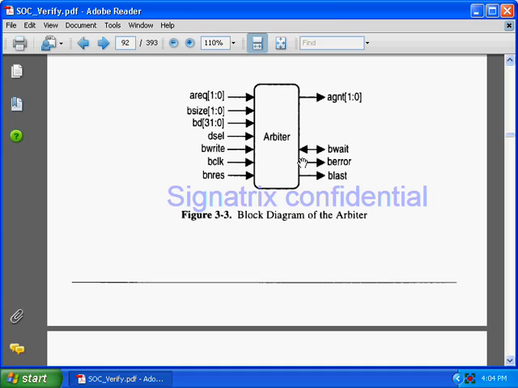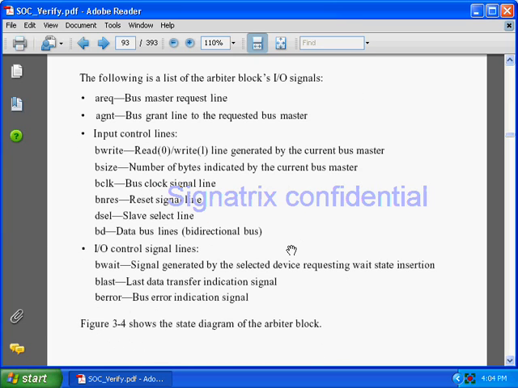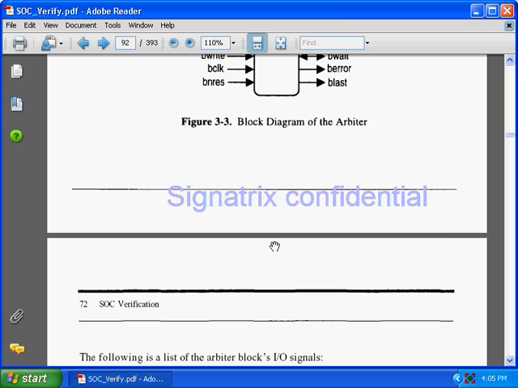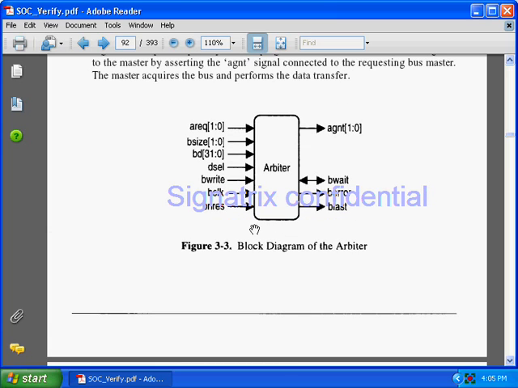In that case your slave will insert some wait states on the bus, and during that time the master will not transmit the data. B last is the last data transfer indication signal. B error is the bus error indication signal. If there is any error on the bus, you will get this signal asserted. Actually, this arbiter they have implemented for AHB.